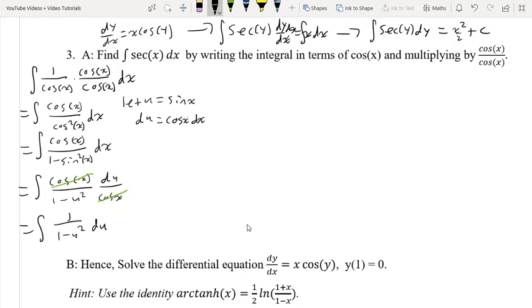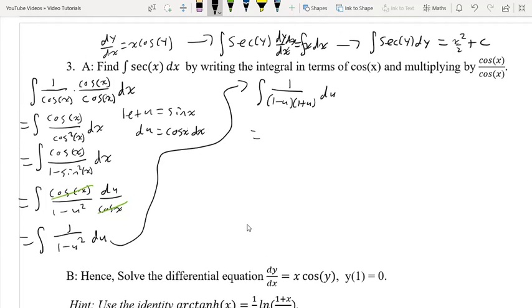And the way you want to do this is use partial fractions. So I'll bring this over here. So you have the integral of 1 over 1 minus u times 1 plus u du. And so now what we're going to get here is, this will be the integral of some real number a over 1 minus u plus some real number b over 1 plus u with respect to u.